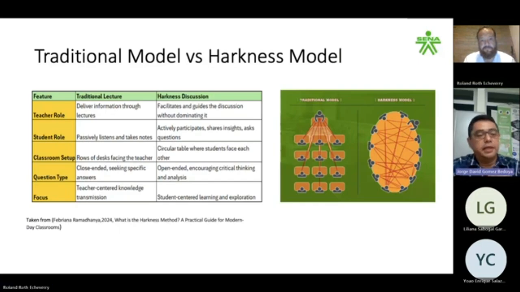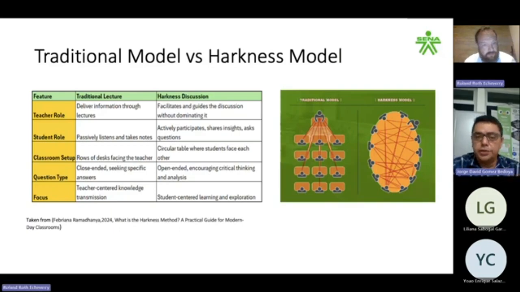The layout of the classroom facilitates this kind of model by facing all of the students toward the teacher. The questions asked are closed-ended, seeking specific answers, specifically seeking information from memory. And the focus is on the teacher.